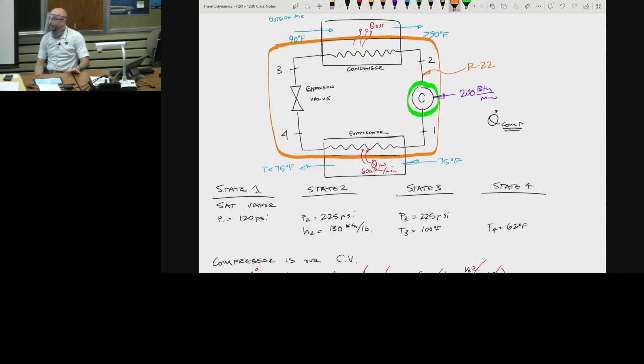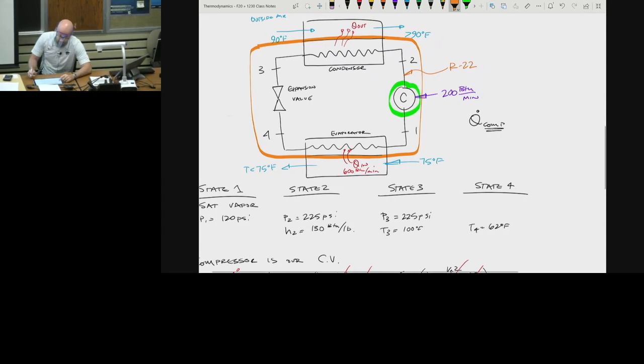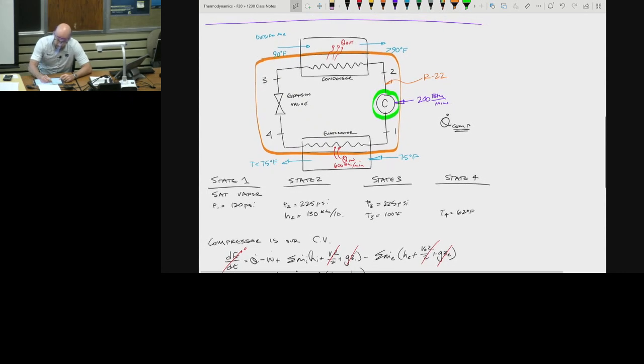Yes. It's a closed system now. There's no mass crossing the boundary. This is a closed system. So look at this. If you look at this a little bit closer, remember when we drew this diagram? That's a sexy looking one. That's really good.